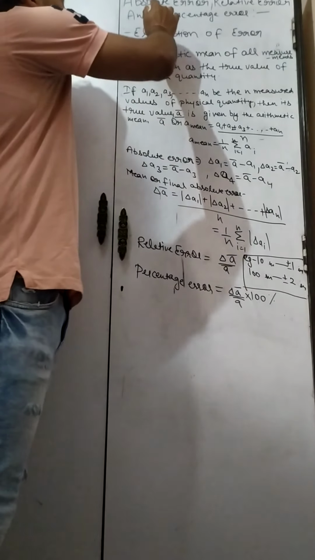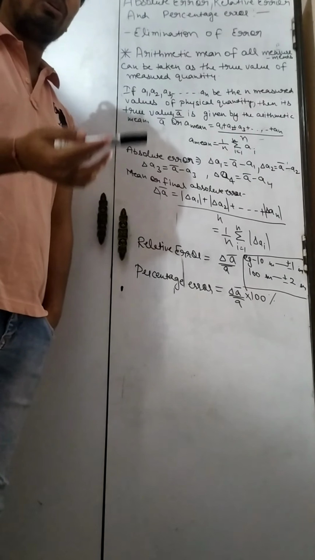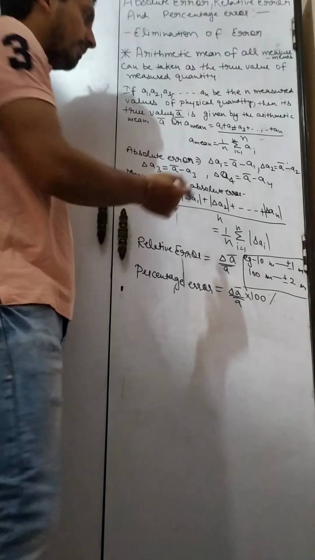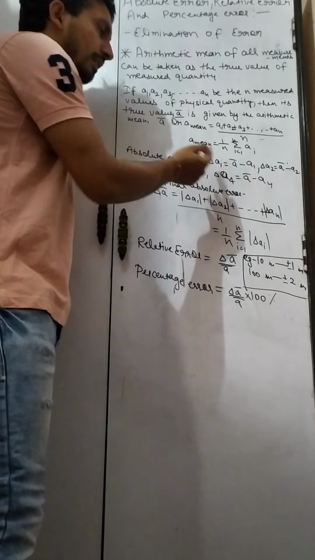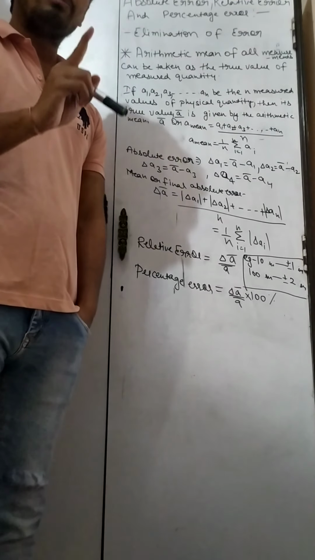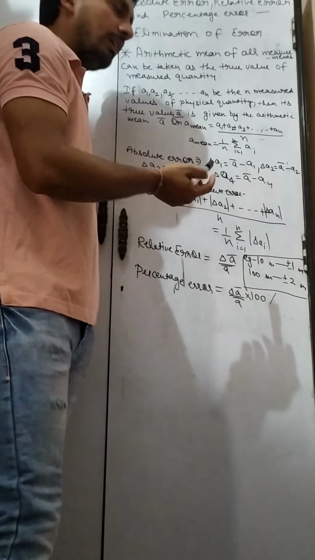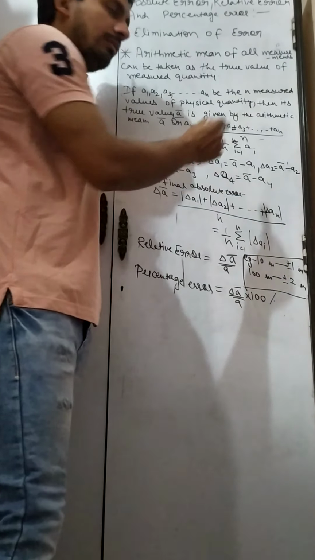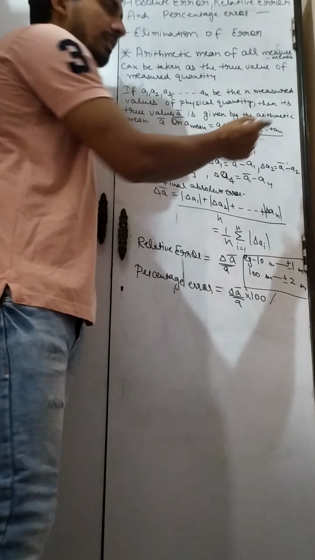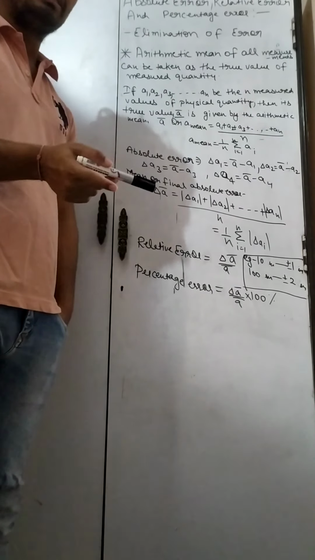Now come to absolute error. Error, as we all know, is the difference between the true value and the measured value. So delta A1 is the error found in the first measurement: A mean, that is the true value, minus the measured value. For measurement 2, again true value minus measured value, as the true value will be the same because it is the arithmetic mean.